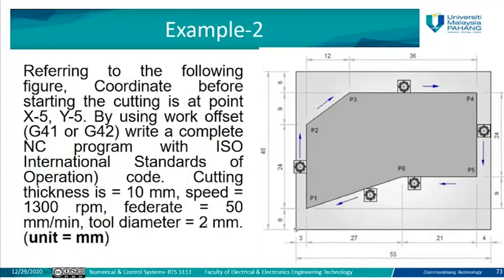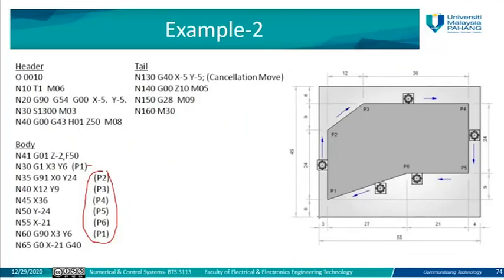Also the tool diameter is 2 millimeters, the speed is 1300, and the feed rate is 50. This feed rate is for the cutter going into the workpiece. Then you start to define the first point, x3, y6, x0, y24, x12, y90, y9, and so on until you finish all these points.